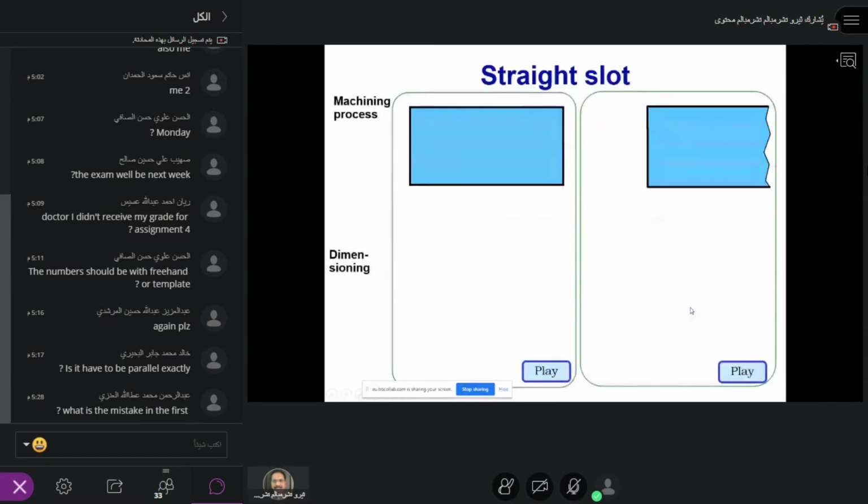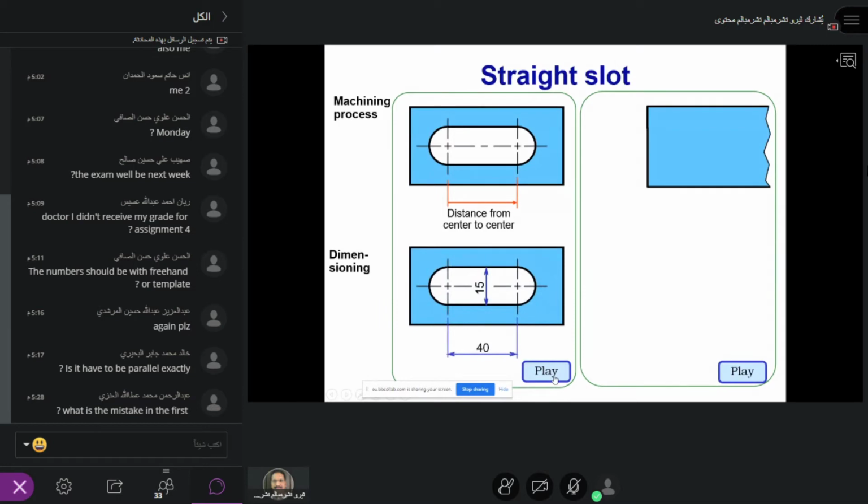Then for slotting, now you see how the slot is done. So the distance from center to center, the slot, 15 and 40. That is the right way of doing it. Okay, this is a straight slot, and now you see how it works here. This is another slot, but it will open on one end.